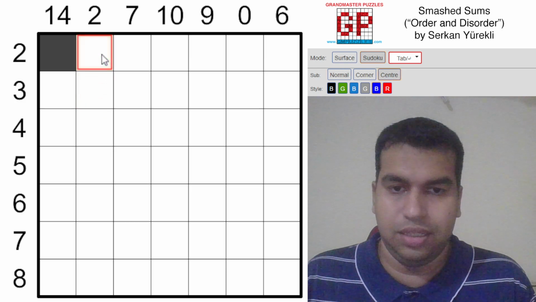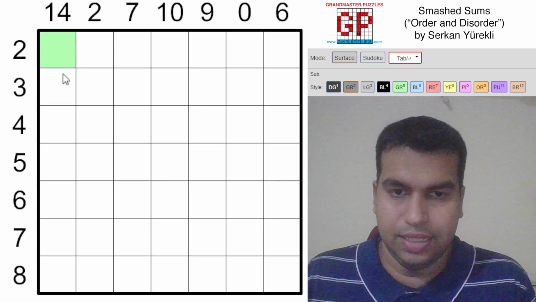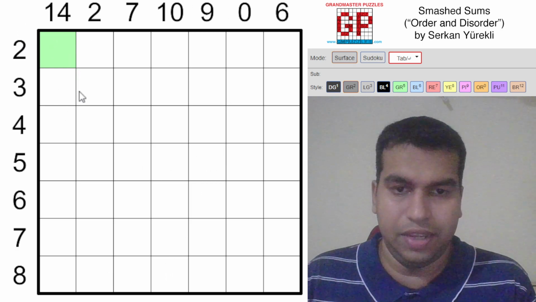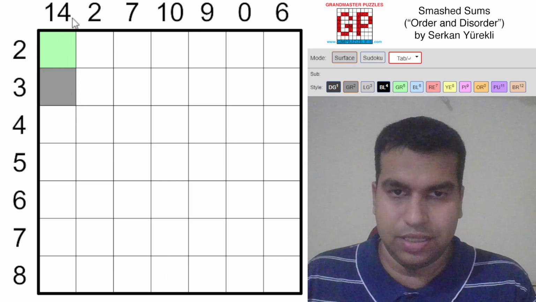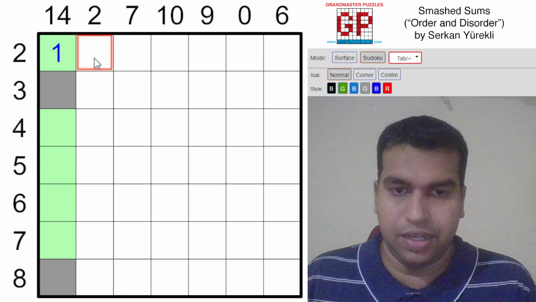So this whole situation is wrong, and this is unshaded. That means for a 14, you can only have one unshaded outside because the total sum is 15. It's 1 to 5. So the 1 will be outside and the remaining will all be inside the two shaded cells. We can also place the 1 here.